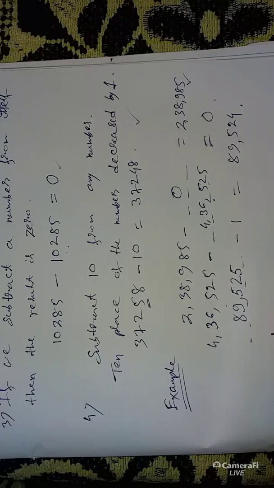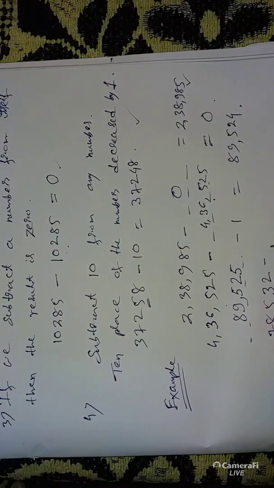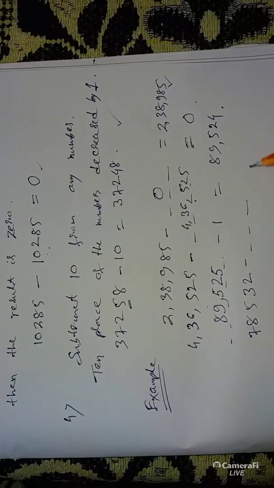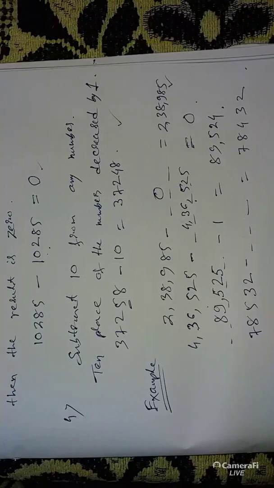Now, this number minus which number becomes this number? Check: 78,532 here, and 78,432 here. So the 100's place digit is decreased by 1.